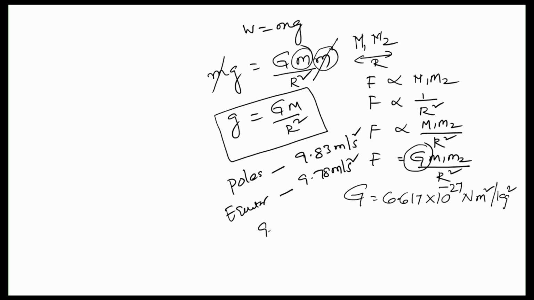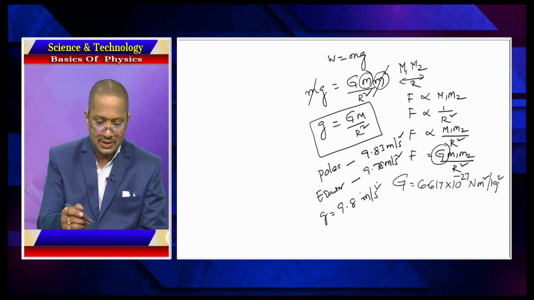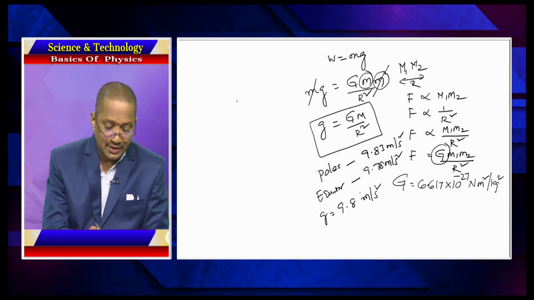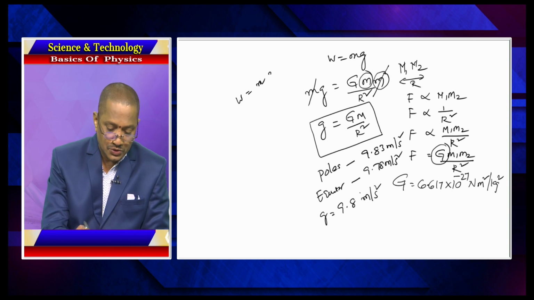In general, for our calculation purposes, g will be considered as 9.8 meter per second square. These are the values we generally use. Clear? Okay. Now when you consider the lift moving, the weight of the body W is equal to m into (g plus or minus a).